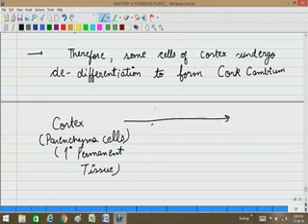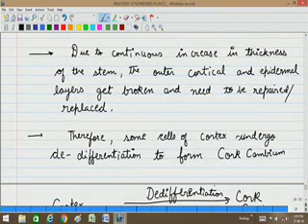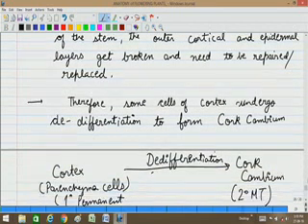It undergoes the process of dedifferentiation and converts into cork cambium. Cork cambium is an example of secondary meristematic tissue. Please finish quickly.